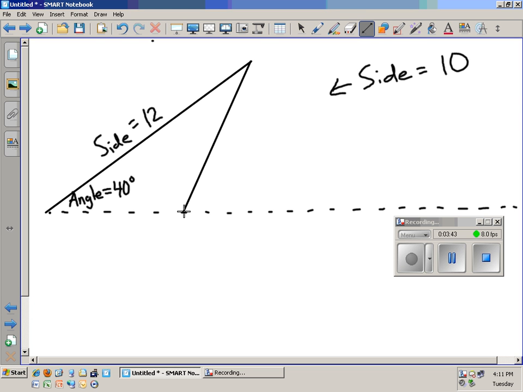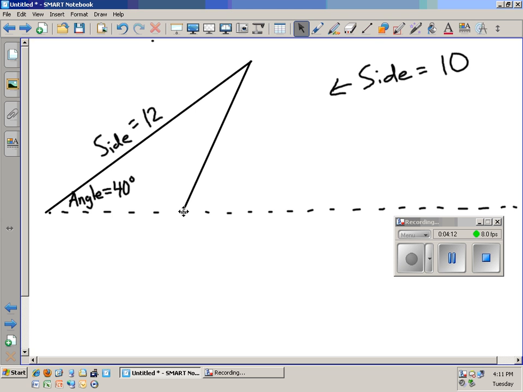It also has a side of 10, a side of 12, and an angle of 40. I've changed none of those three stipulations, yet I have a totally new triangle. Notice again, 10, 12, and 40. Now, I know I'm not drawing that perfectly, but you can get the idea that it's hard to tell exactly which side that 10 should go on. And that creates our problem. That's exactly what we need to lay out.